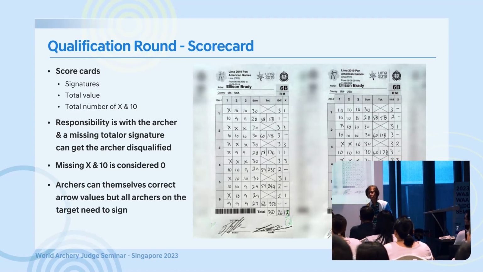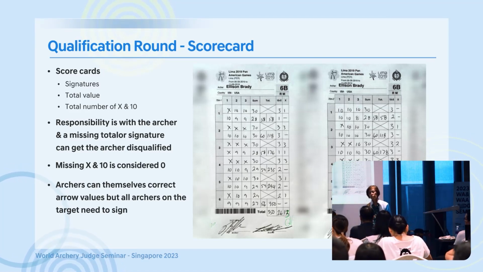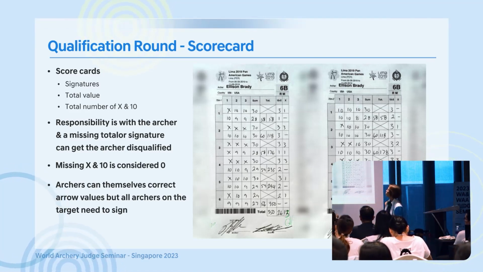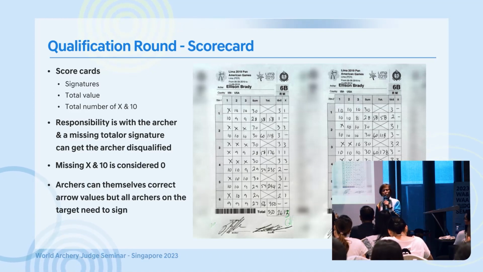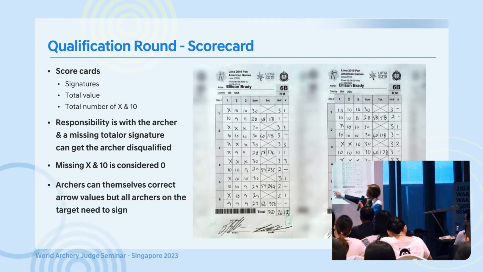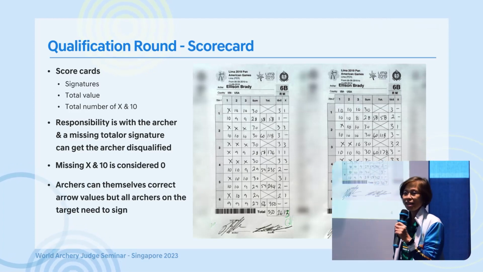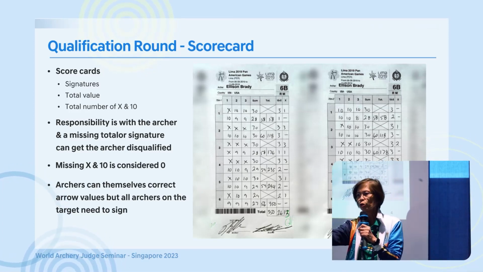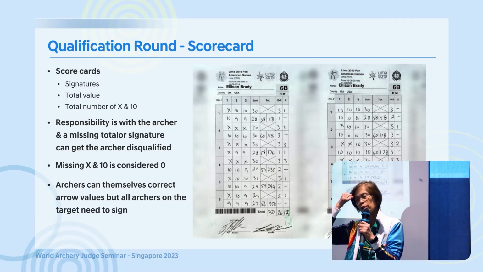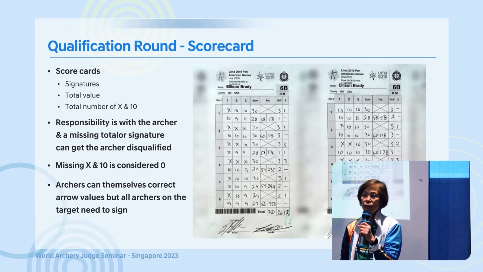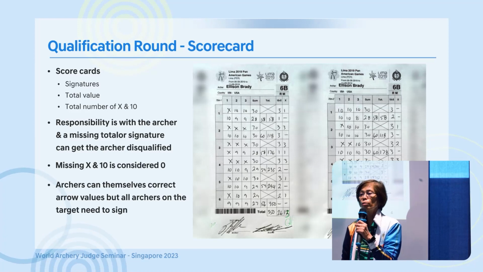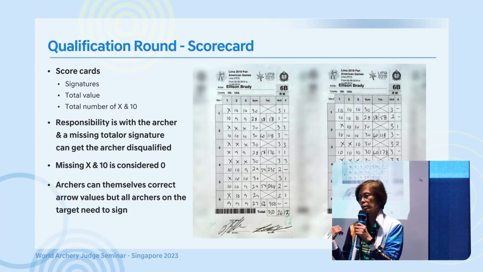Sometimes the archers write the total on the top, not in the total box. Well, please ask them to put it in the boxes. Okay? Maybe you're talking about nationals or in your country, and that's good training that you give them, that you teach them where to put the totals. Okay?